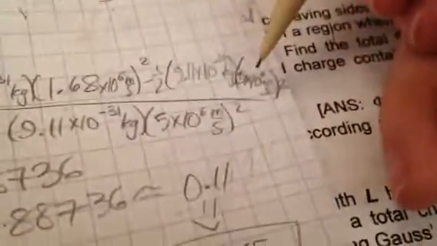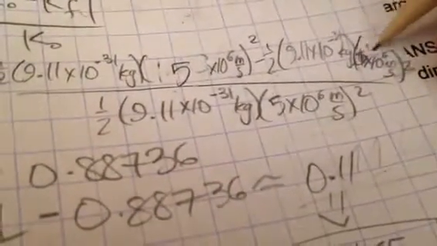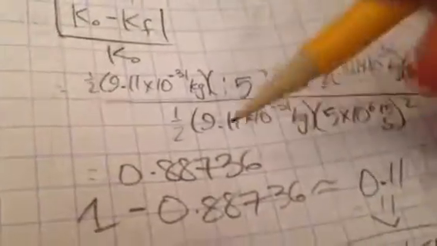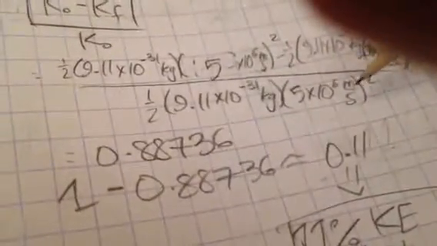So this should be 5 times 10 to the 6, and this should be 1.68 times 10 to the 6 meters per second. And that's all divided by the initial, 1/2 times 9.11 times 10 to the negative 31 kilograms times 5 times 10 to the 6 meters per second squared.